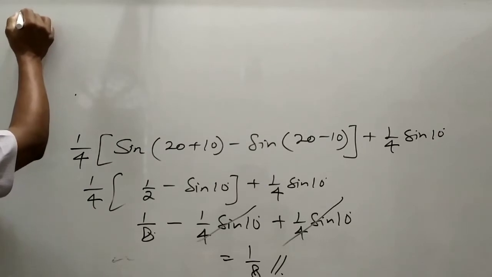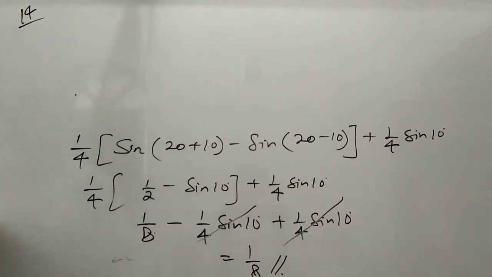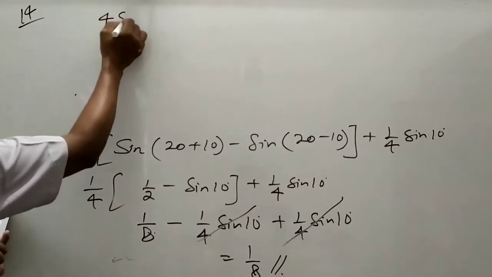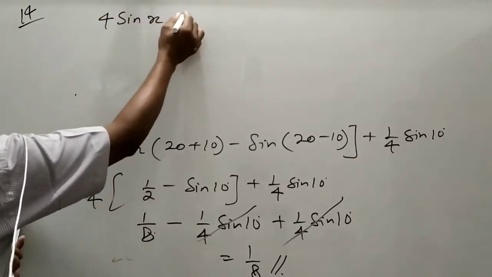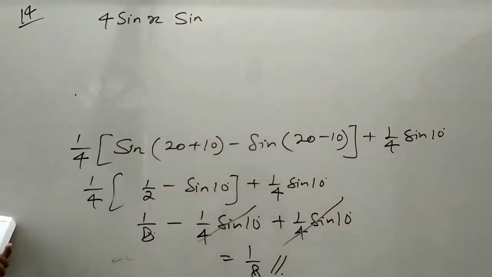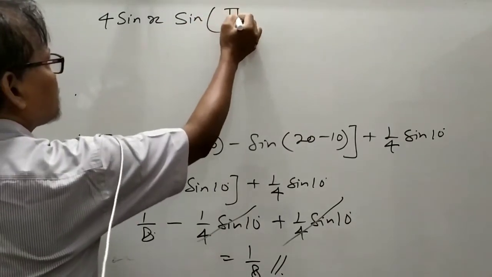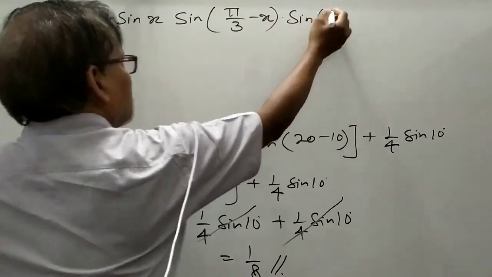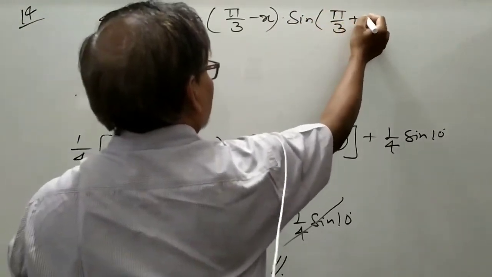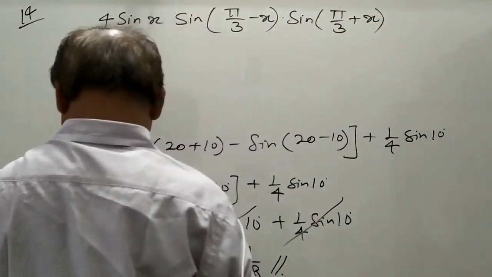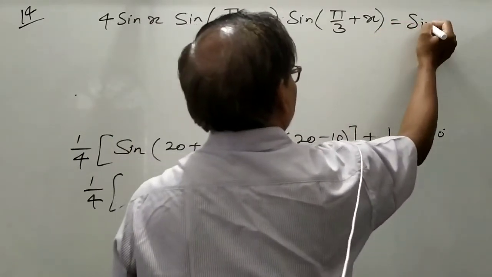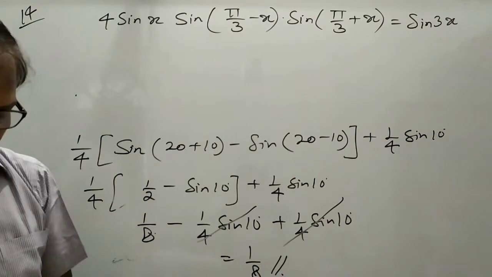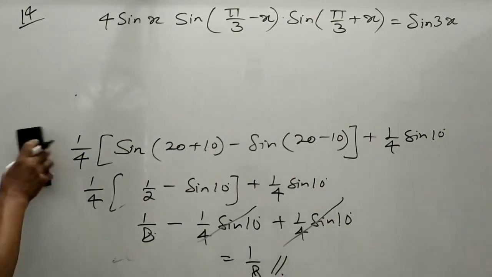So here question number 14: prove that 4 sin x sin pi by 3 minus x into sin pi by 3 plus x is equal to sin 3x. Question number 14, first part. The second part is also the same.